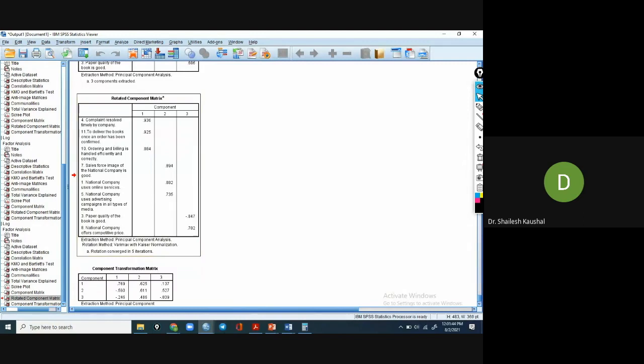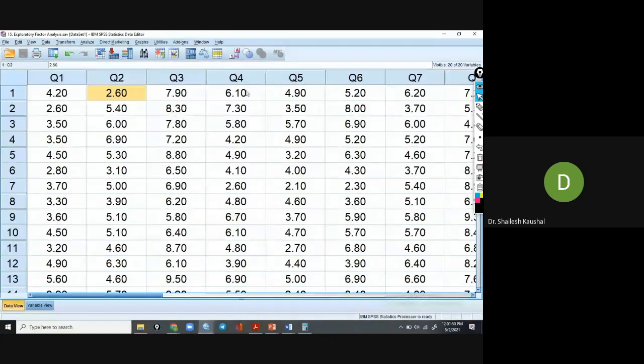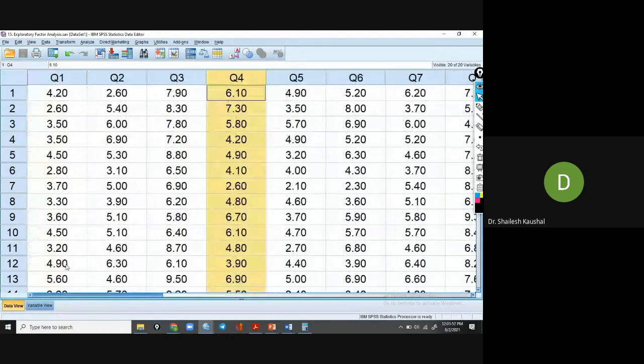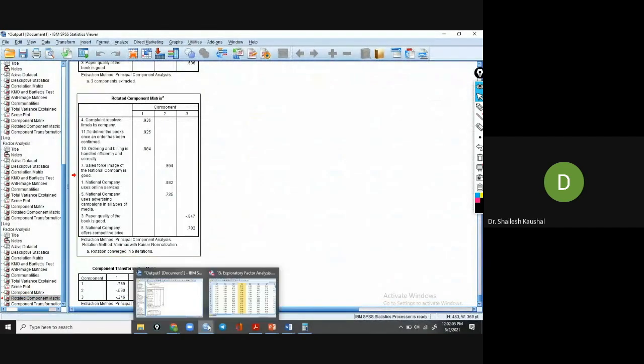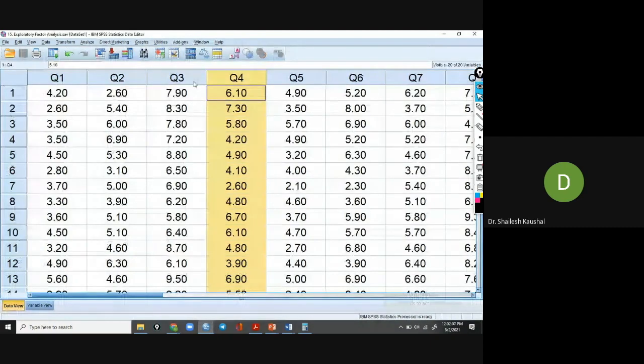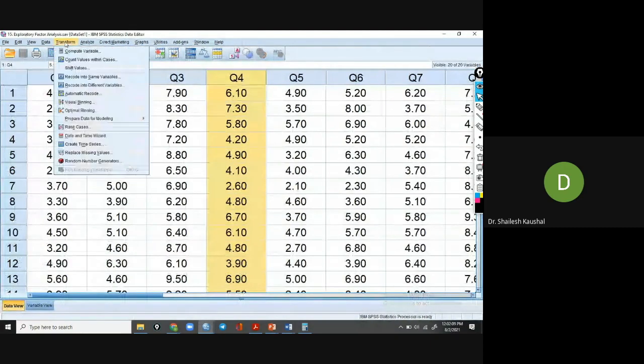So I can create another variable here. Again I can see here variables 4, 11, 10. So I can club all three variables and give the name. Transform.